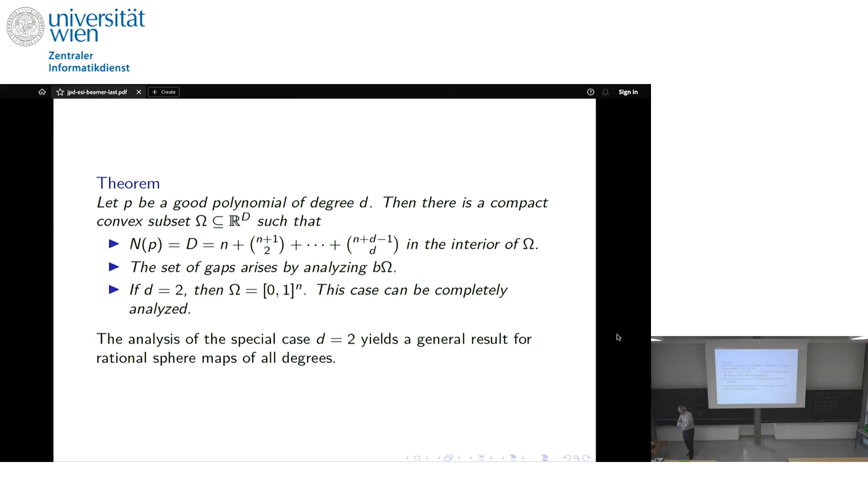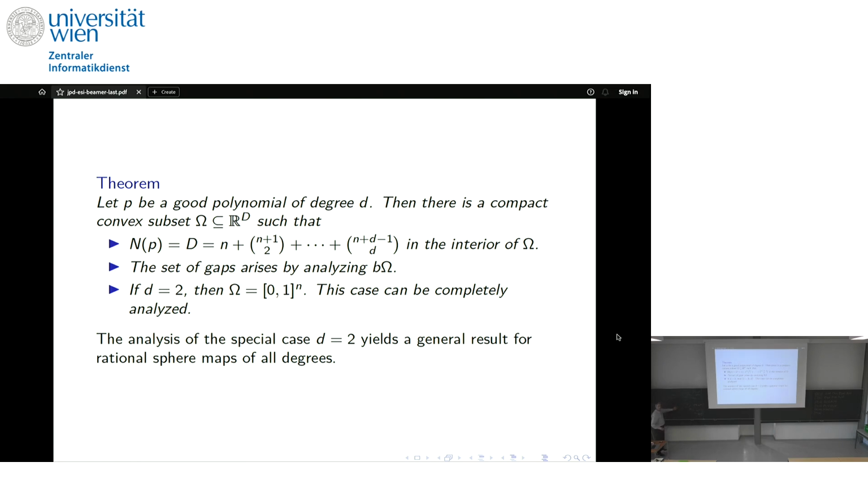There is a one-to-one correspondence between these polynomials and a certain compact convex subset of R to the D, where the number of terms is in the interior of that set. Let me draw a picture. I have some kind of intersection of a bunch of hyperplanes like this, and I get some kind of closed, bounded set.